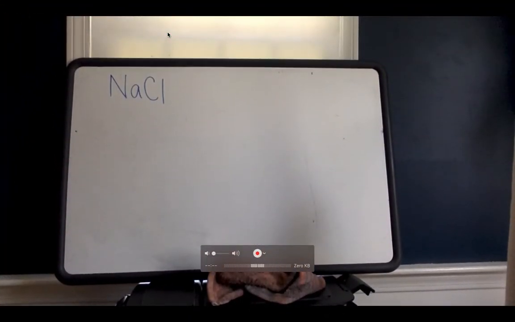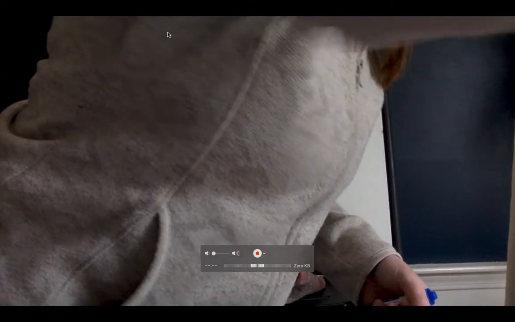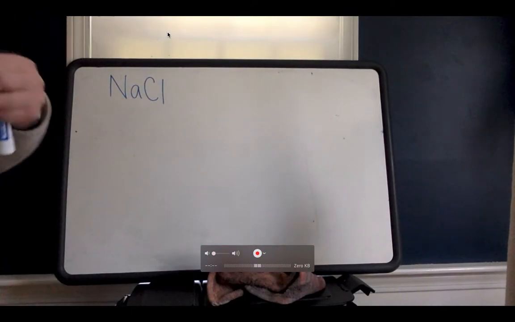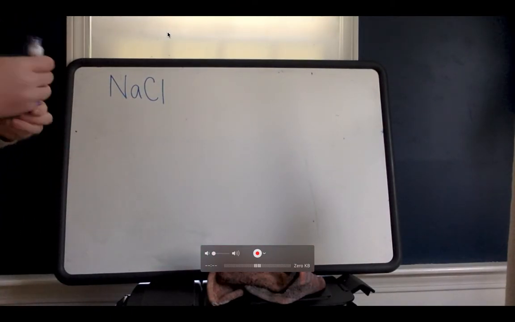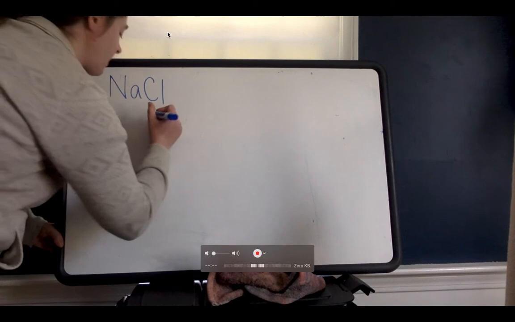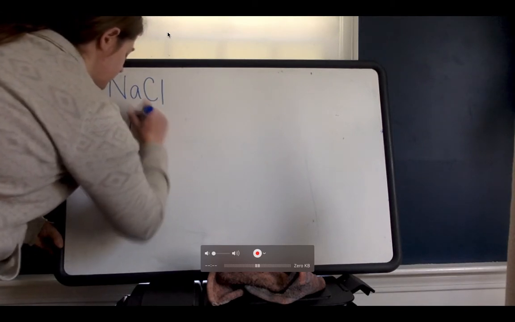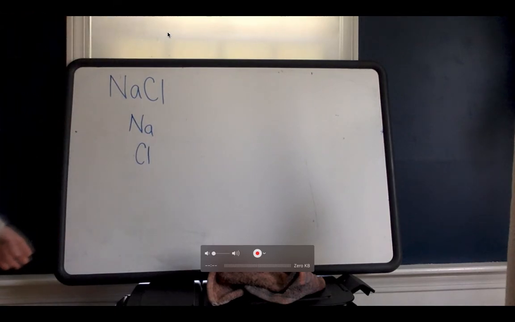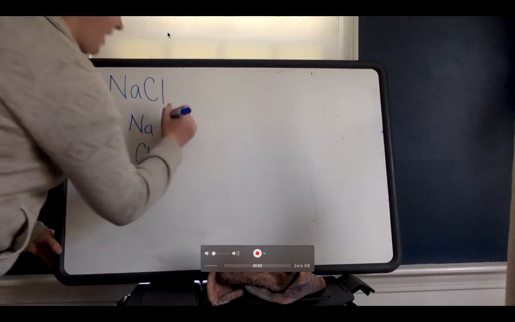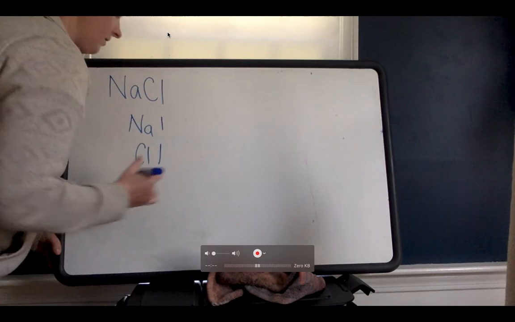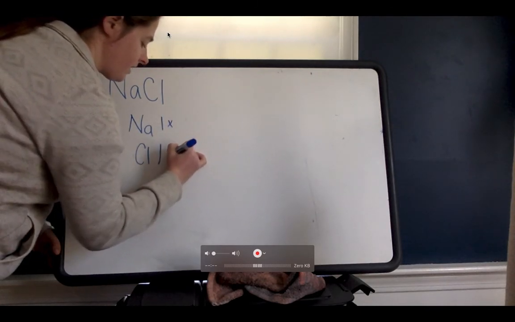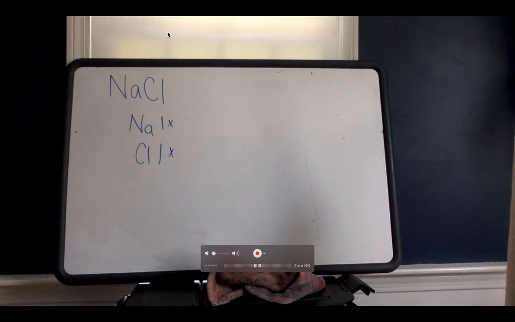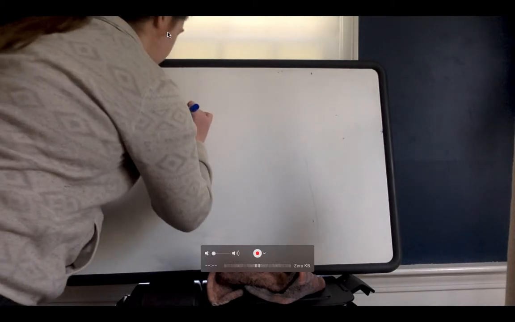The first problem that we're going to do is NaCl. You do want your periodic table nearby so you can check the masses. The first step is to find the formula weight or the molar mass. We're going to list our elements. We have Na and Cl. There's 1 Na and 1 Cl. The next thing we're going to do is multiply times the mass on the periodic table. The mass of sodium is 22.99.